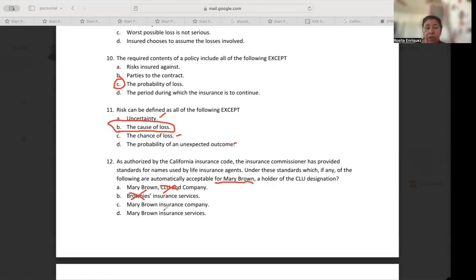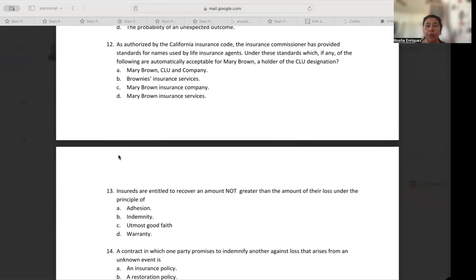And it cannot be called Insurance Company. The answer is D. She can use the name Mary Brown Insurance Services. That is for number twelve. So let's clear these drawings and go to number thirteen.